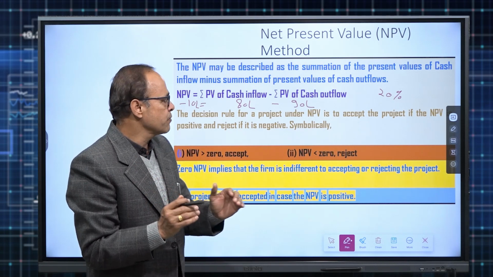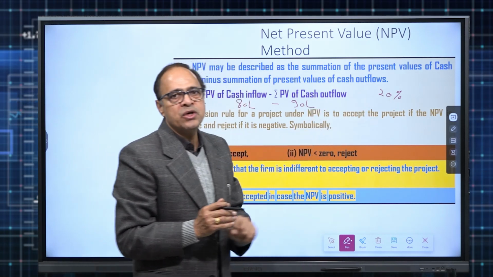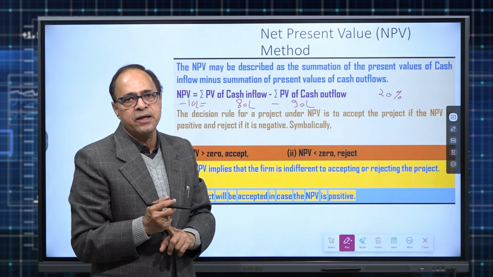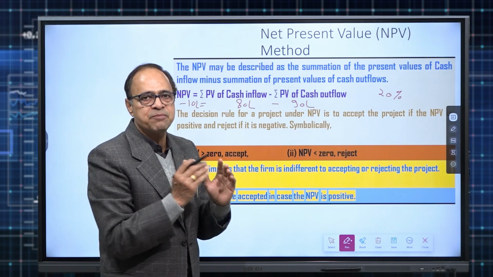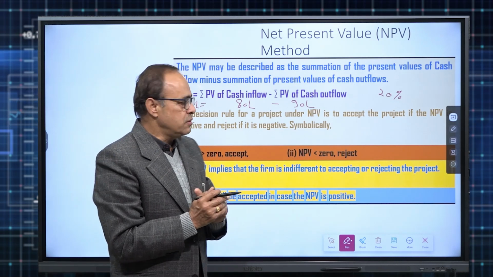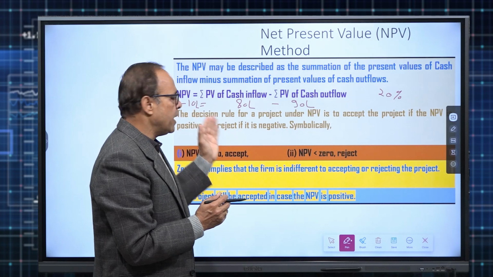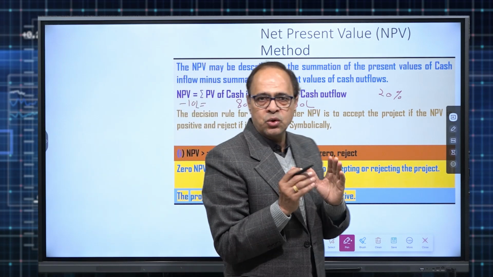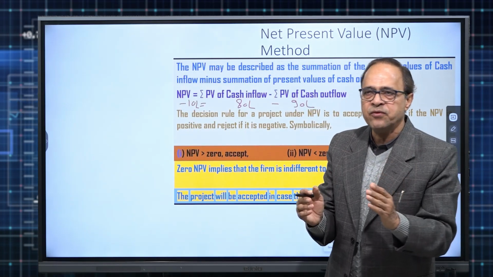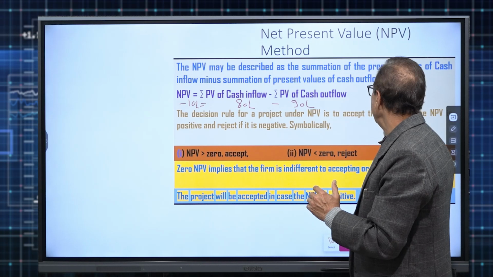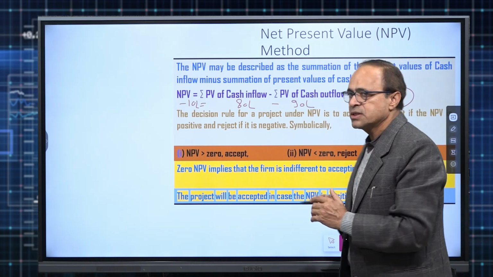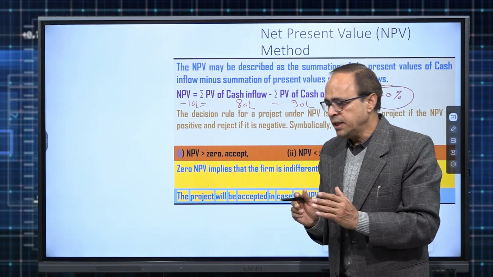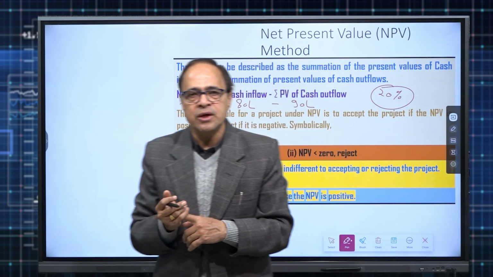Losses in the sense that you will not be earning the 20% return, which was your expected rate of return. So always remember, if NPV is negative, the project is not desirable from the viewpoint that you will not be earning a return equal to the discount rate. So take care, that is the decision rule when we apply NPV.